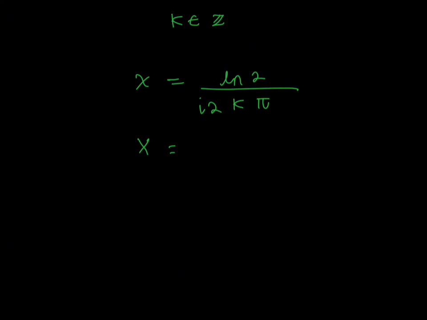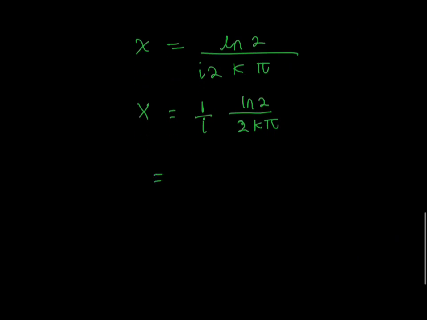Just notice something. 1 over i is not in the simplest form, so we have to change it. In order to do that, we'll say 1 over i times conjugate of i divided by conjugate of i.